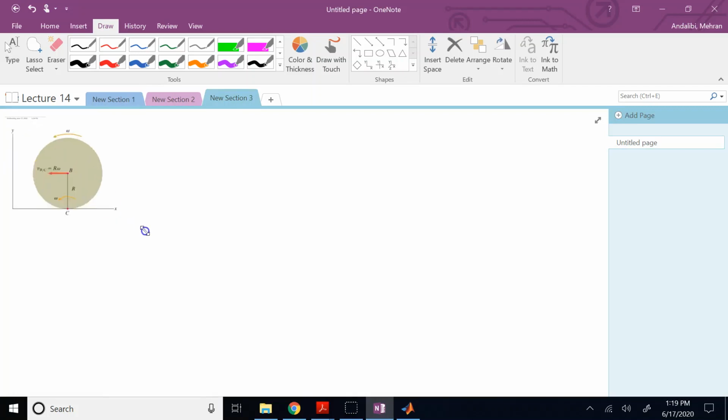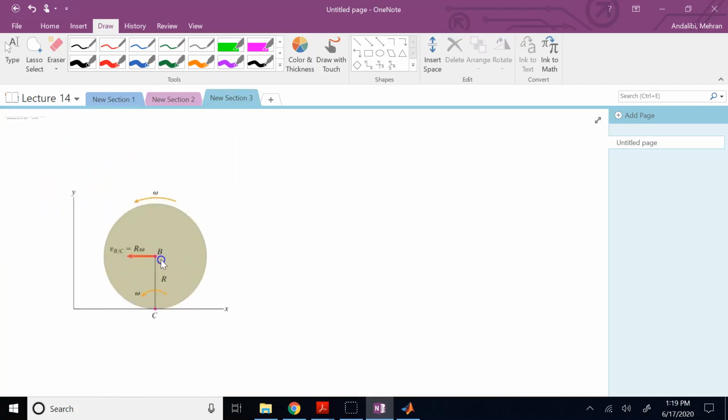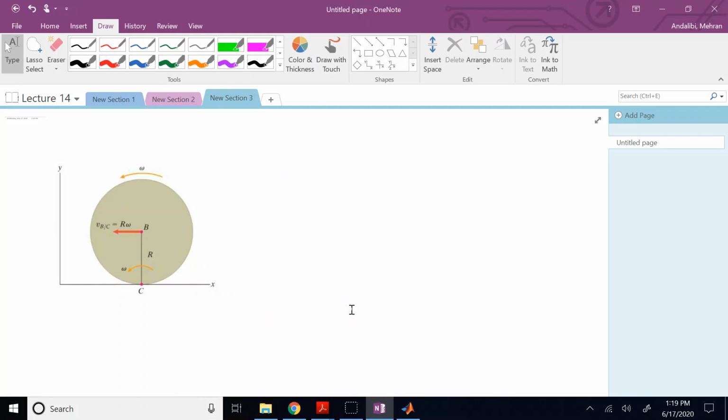So this is the problem of rolling without slipping.